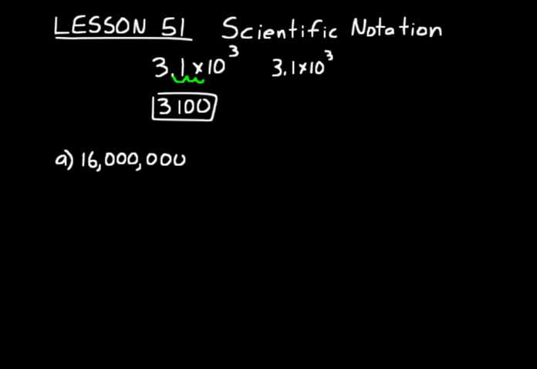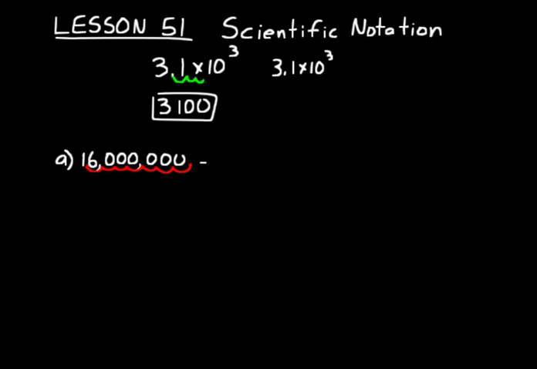So remember what I said about scientific notation. You have the decimal point right after the ones place. So you just have one digit to the left of the decimal point. Right now, our decimal point is right here. So that means we need to move it over 1, 2, 3, 4, 5, 6, 7 to get it to the right of that ones place.